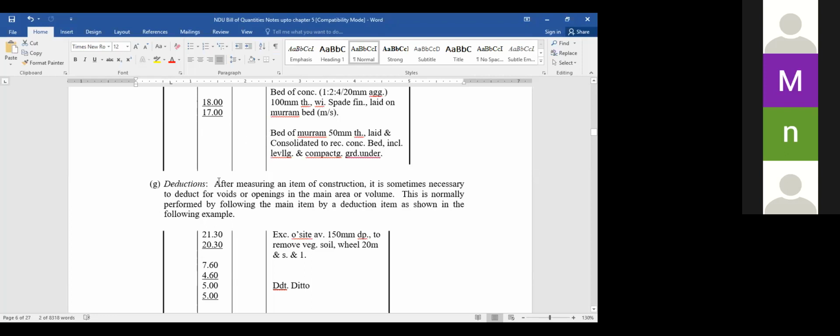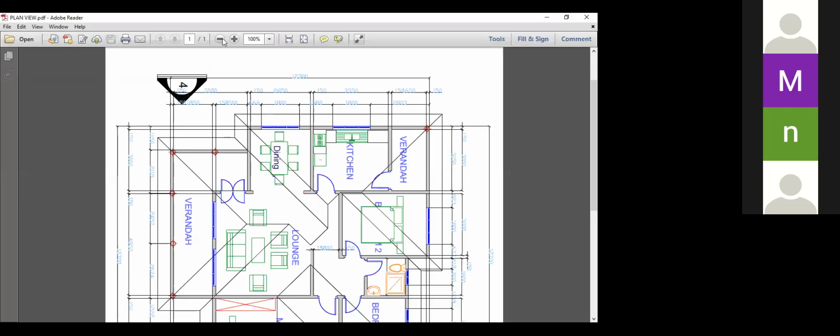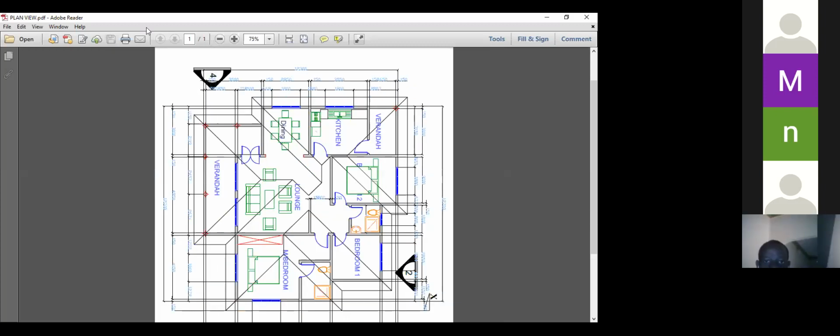Then we have what we refer to as deductions. Sometimes we may need to deduct. How does deducting come in? I'll take us to the plan and show an example.